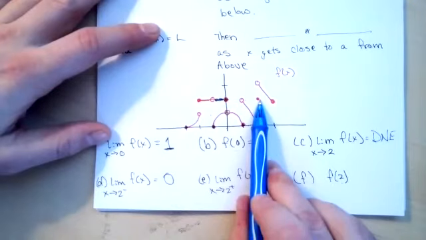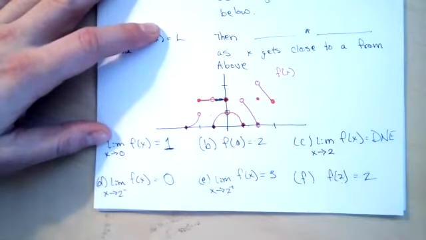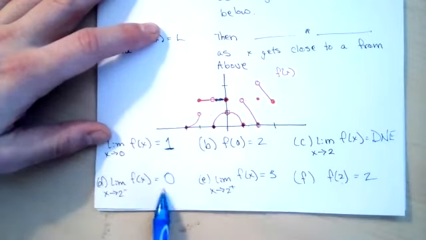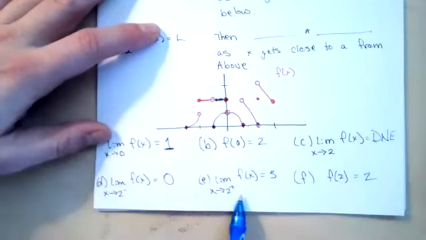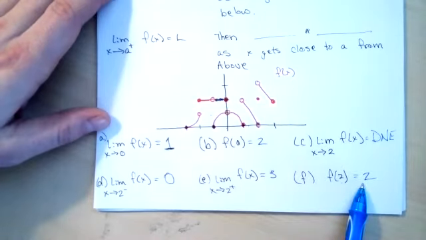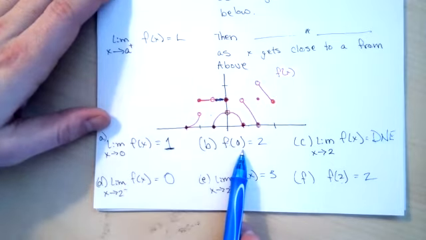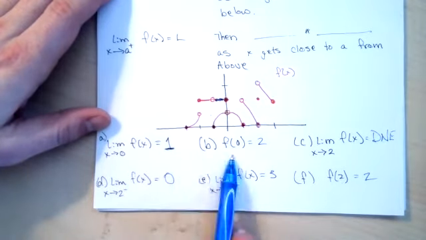So the value of the function at 2 is where the dot is. And that's a 2. So all of those values can be different. The left-sided limit, the right-sided limit can be different from the function evaluation. The actual limit, if it does exist, can be different from the function evaluation. Sometimes they are the same.